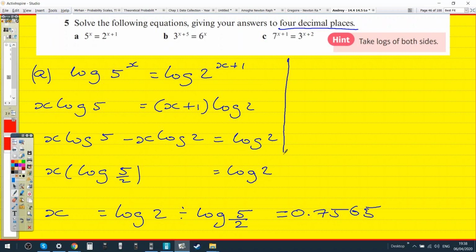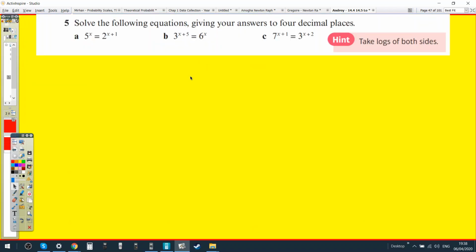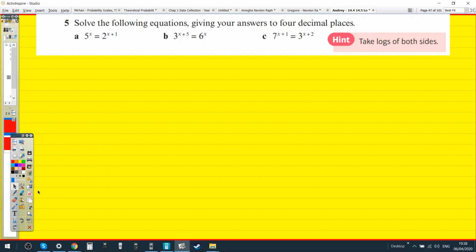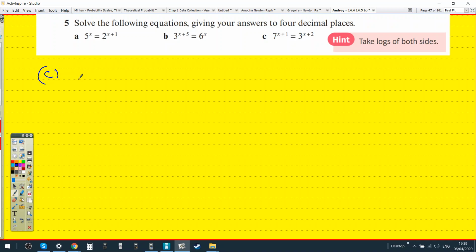And then for C, it will be 7 to the x plus 1. So yeah, take logs of both sides, and then move the x's to the front.